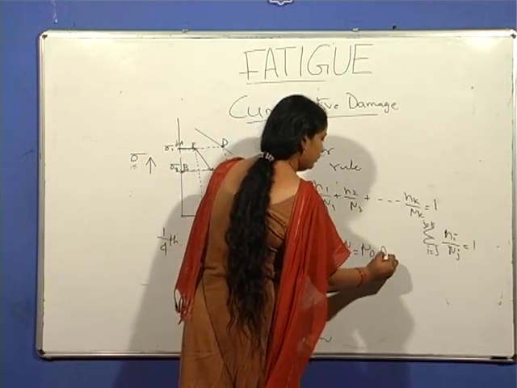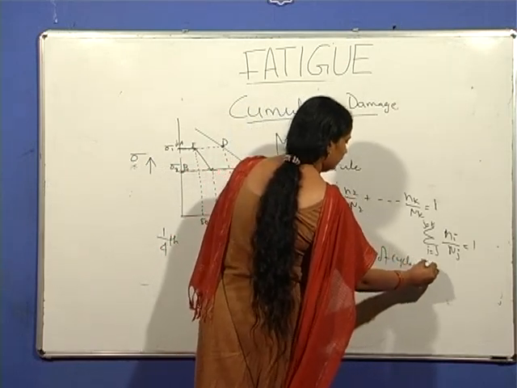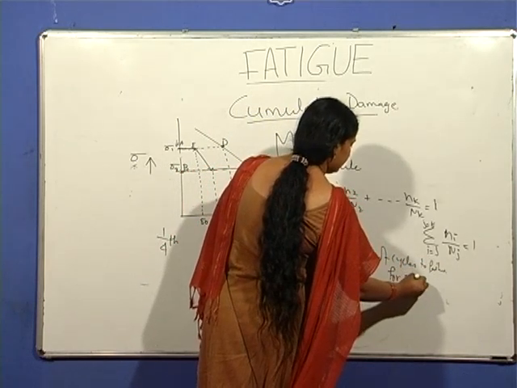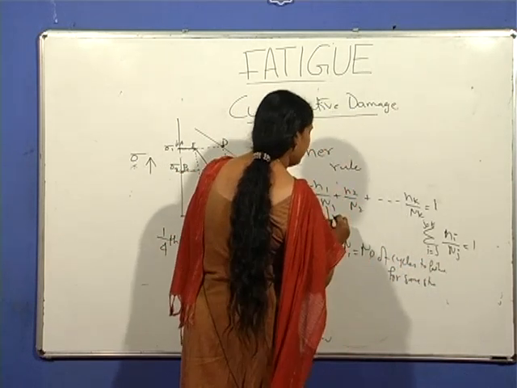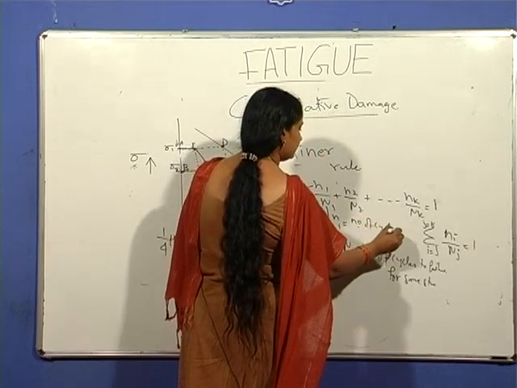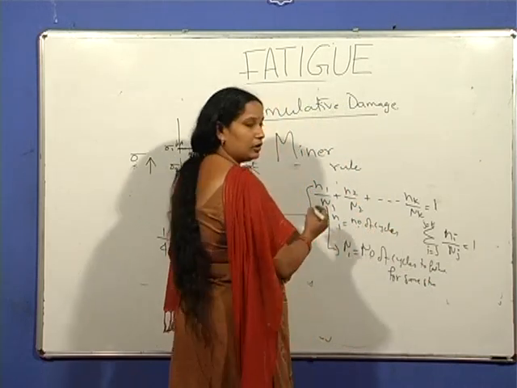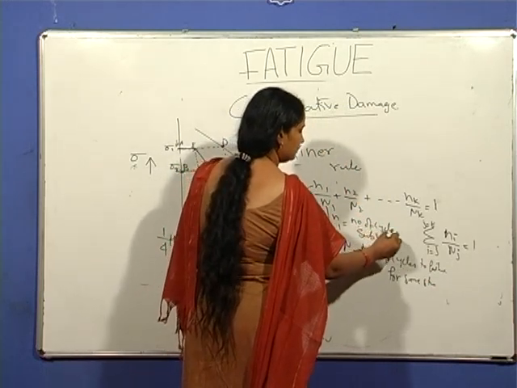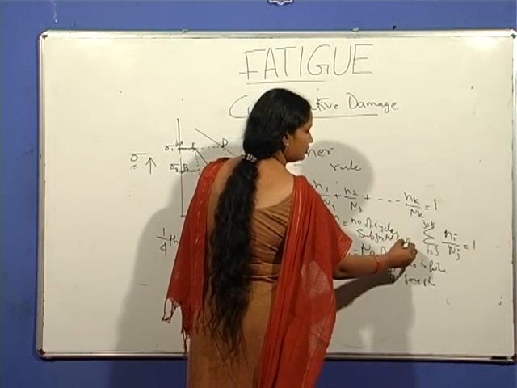This is the number of cycles to failure for the same stress, and small n1 is the number of cycles the component is subjected to for the same stress.